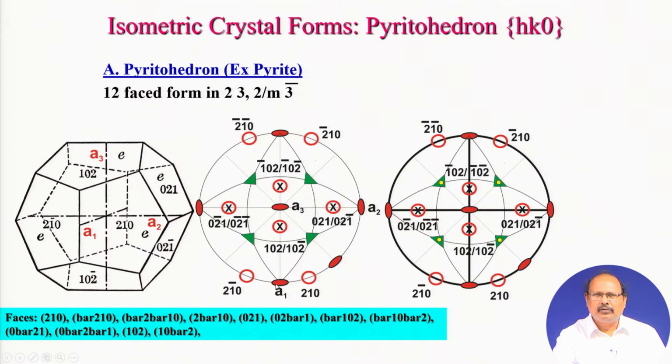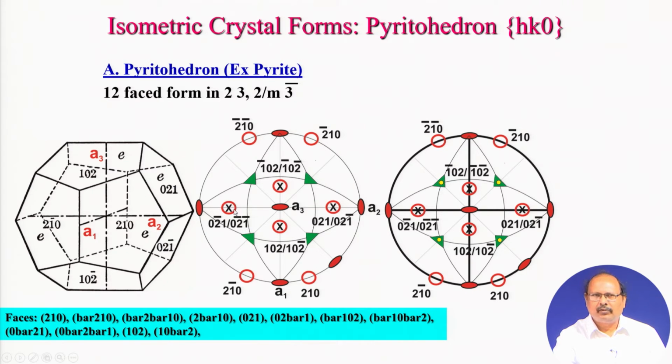If we talk about this horizontal two-fold axis, this open circle now will be acted upon by this horizontal two-fold axis, and this is the one where the face intersects the positive direction of the A3 axis. So, after 180 degree rotation about this horizontal axis, this face will be repeated here as a face which intersects the negative direction of the A3 axis, and the symbol will be 0 bar 2 bar 1 here.